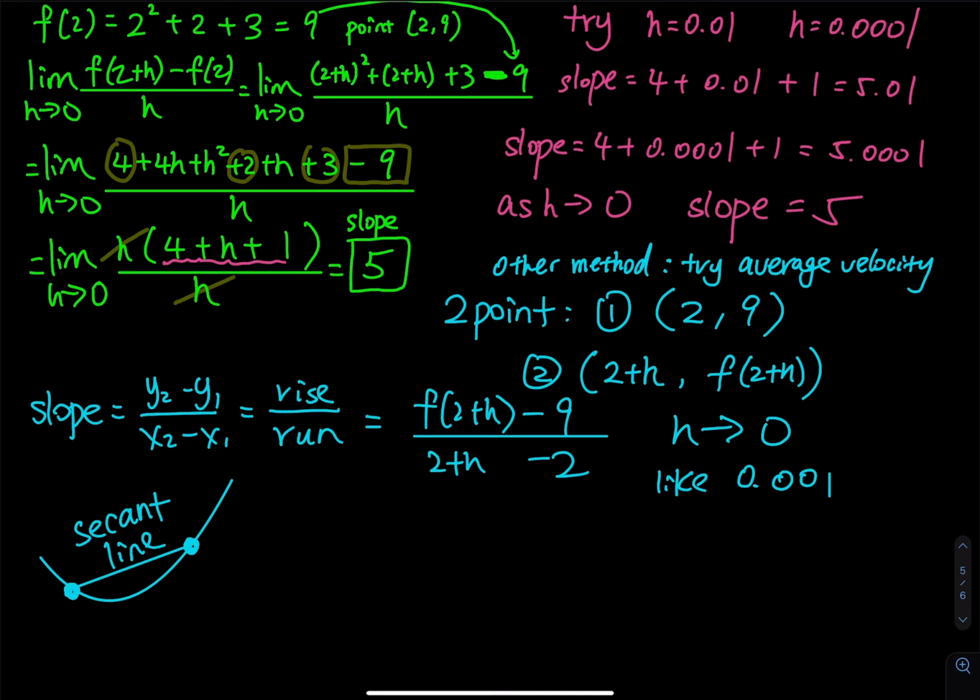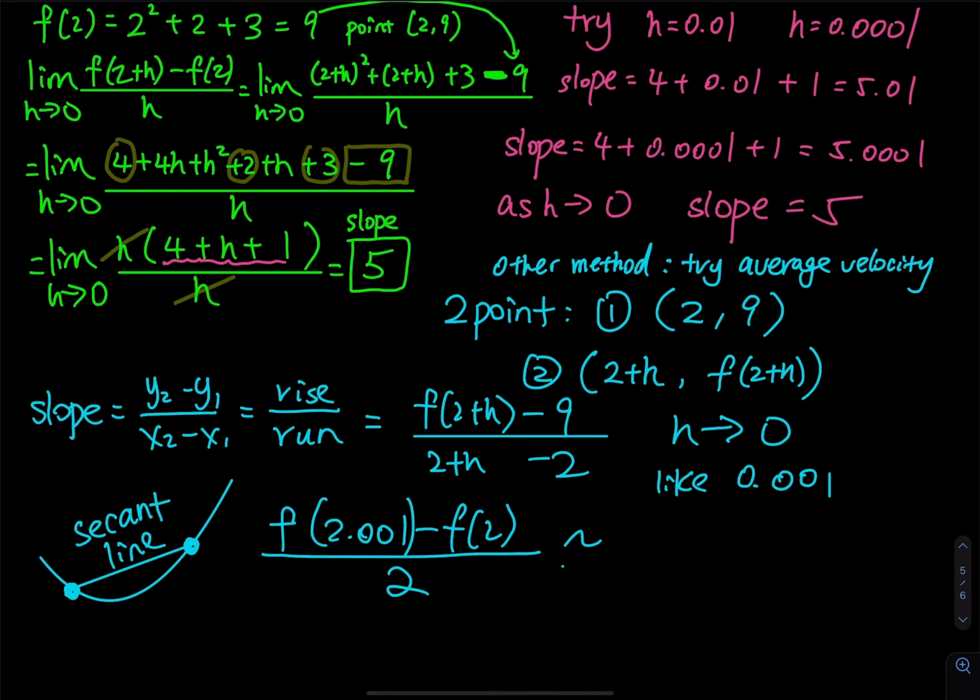So what happens is you have f of 2.001 minus f of 2, and then divided by the difference in x, and all you have to do is plug this into the given function. You will get something. This will just equal the slope. I will just write this is approximately equal to 5, just like what we did using the algebraic method.